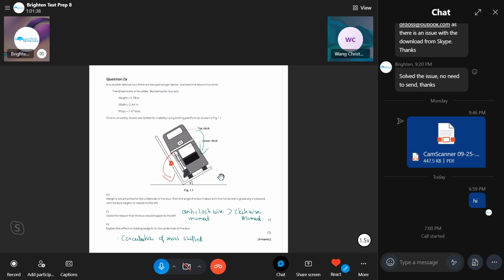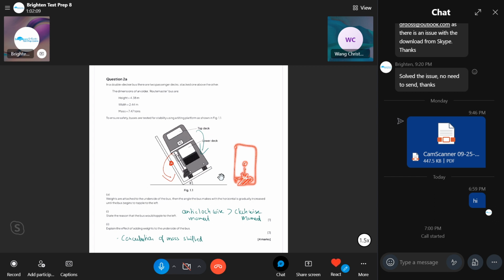Yes and no. When you think of it, that's the body of the bus, right? And now you add additional weights here. Let's take the bus like it is here. If you add more mass here, what will be the shift of the center of gravity? Oh, it would be lower.